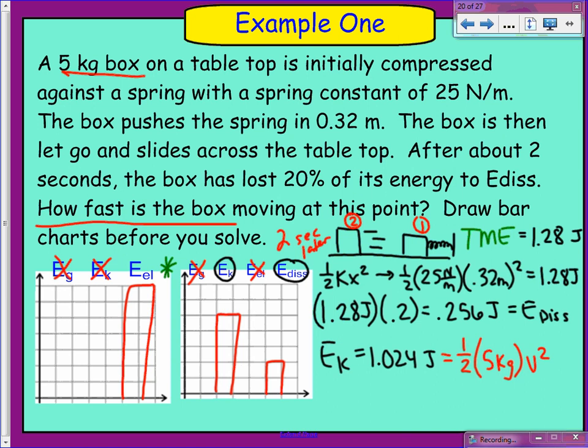If I do 1.024 divided by 1/2 and divided by 5, I end up getting 0.4096 is equal to v squared. Square rooting both sides ends up getting me my velocity at that point of 0.64 meters per second. This concludes the video lesson on the first example.